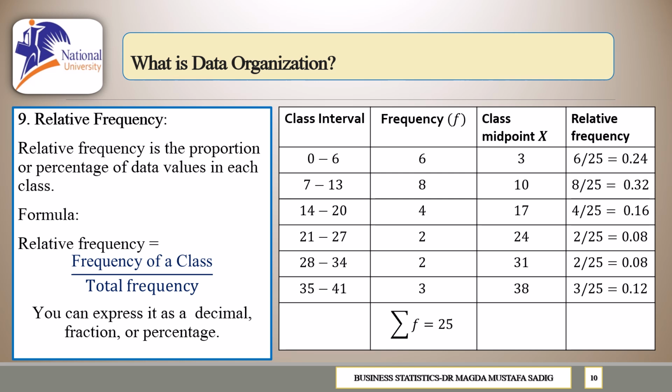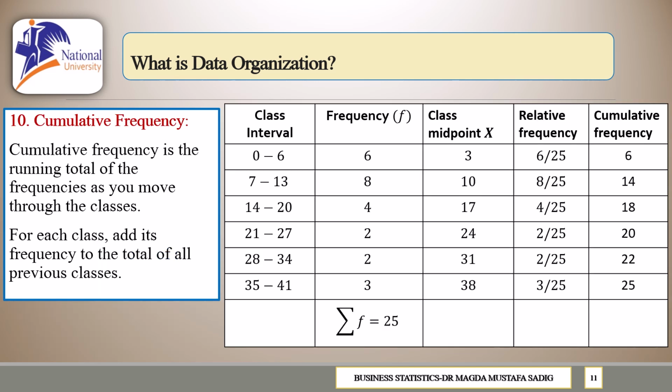The relative frequency becomes 6 divided by 25, which equals 0.24 or 24%. Also, if the frequency is 8 and the total is 25, we divide 8 by 25 and the relative frequency is 0.32 or 32%, and so on up to the end. Relative frequencies allow us to compare classes using percentages. This is especially useful when comparing different data sets with different sample sizes.